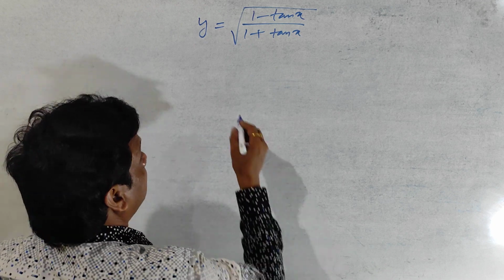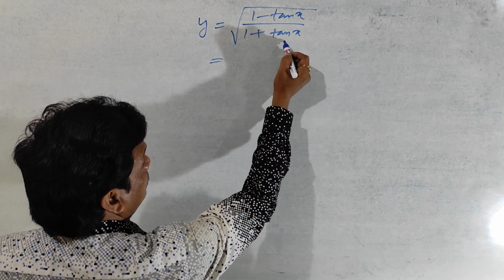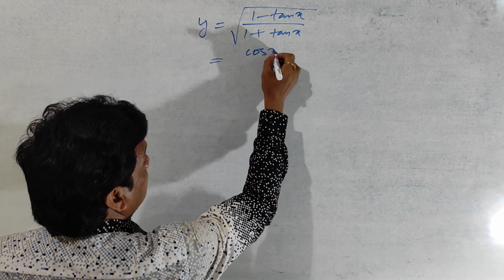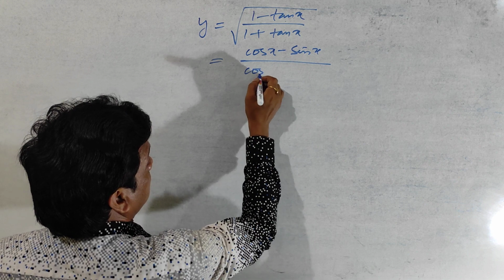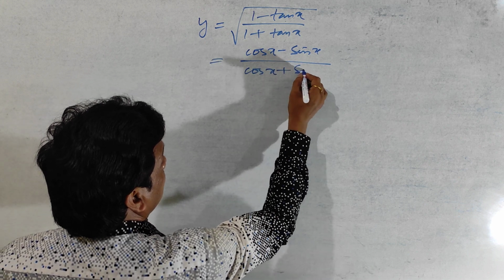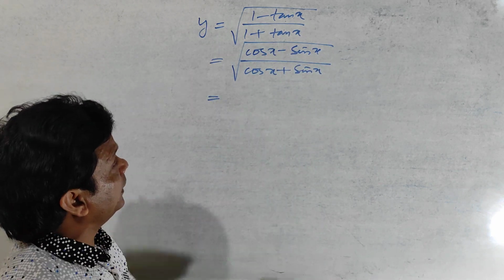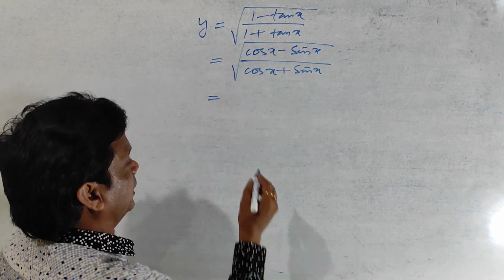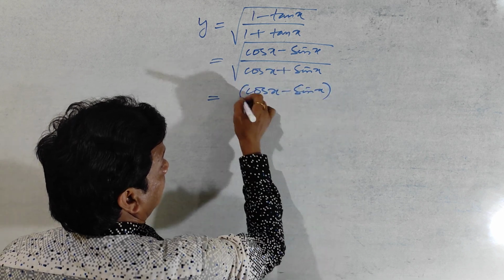But if you split it initially, write sin by cos, here also sin by cos. It will become cos x minus sin x divided by cos x plus sin x. The denominator cancels out. And multiply the conjugate of the denominator in the numerator and denominator. It will become cos x minus sin x whole square.